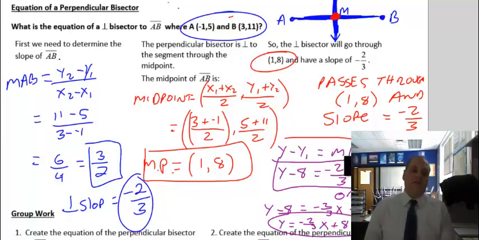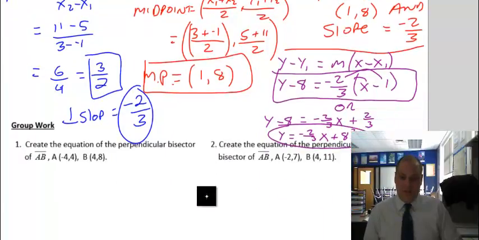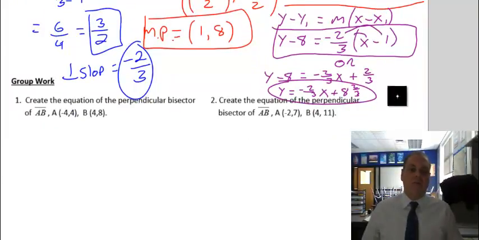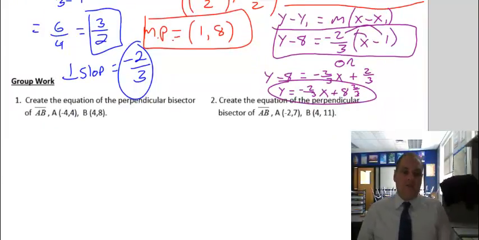Basically, if you just have it in point-slope form, that's good enough. Let me extend this page so you can see that. Sorry about that, I should have moved that up. So there you go: y minus 8 equals negative 2/3 times x minus 1, or y equals negative 2/3 x plus 8 and 2/3.